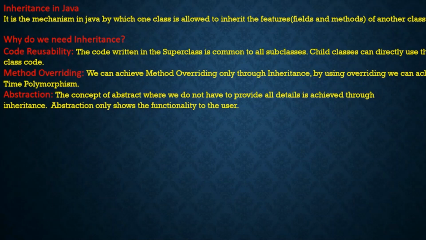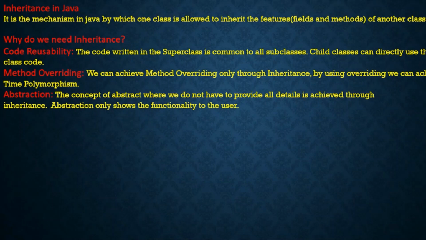Then in the dog class we implement that make sound method. So by having the dog class extend from the animal class, that is abstraction. Just like inheritance, we are achieving abstraction through inheritance.